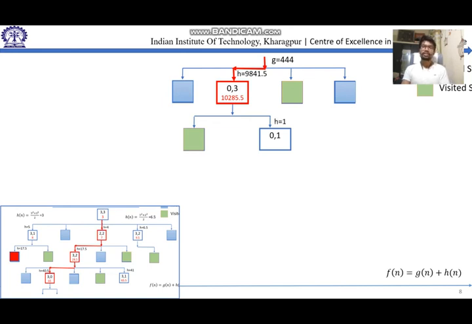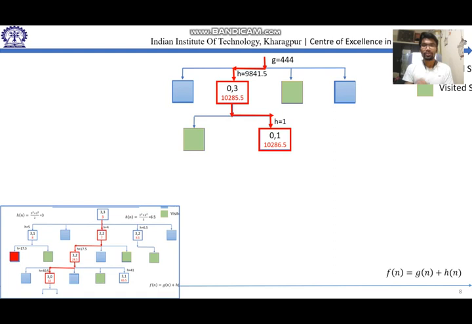Now if I calculate the heuristic function for 0 3, it turns out to be 9841.5, and if I calculate the function cost at this particular node, it turns out to be 10285.5. It will follow this because we are left with only one node, so it will follow this particular optimal path.